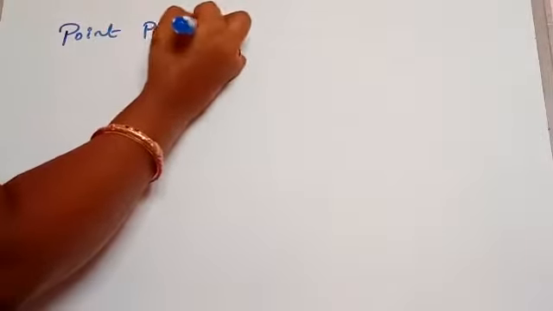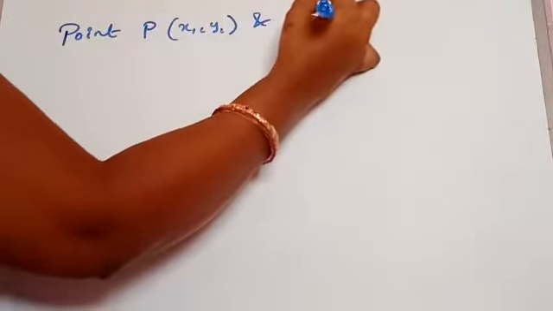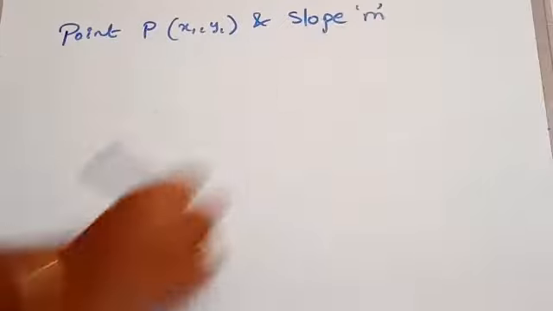The next form is point slope form. We are given one point and the slope value, and we have to find the equation of the straight line. The point P is x1 comma y1 and the slope m is given.